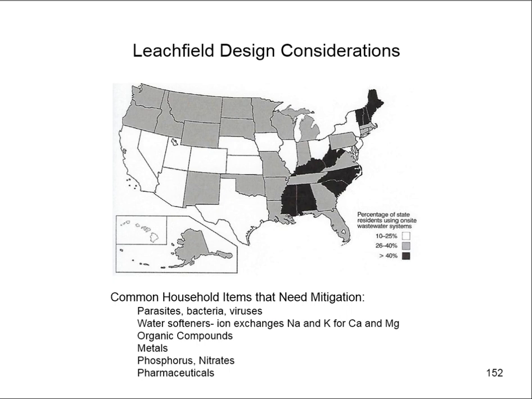Now, viruses generally don't get mitigated. They tend to persist in the environment, whereas bacteria can be filtered out. Whether we had hard or soft water, any organic compounds or metals, phosphorus from cleaning products, nitrates that we could form, and pharmaceuticals.